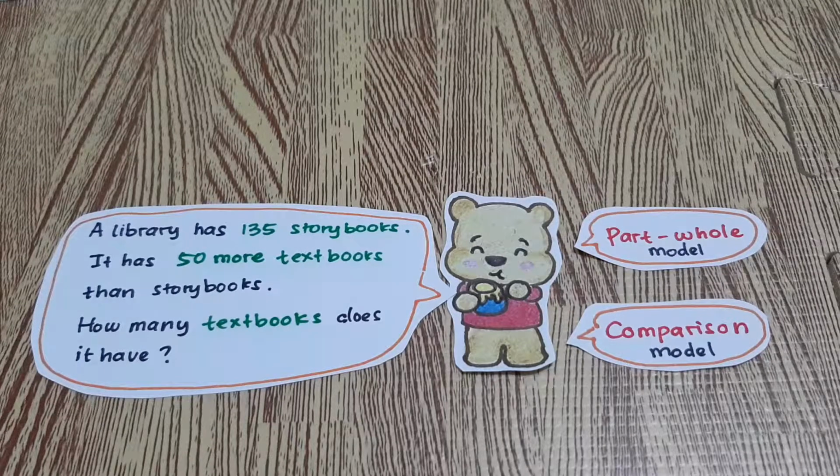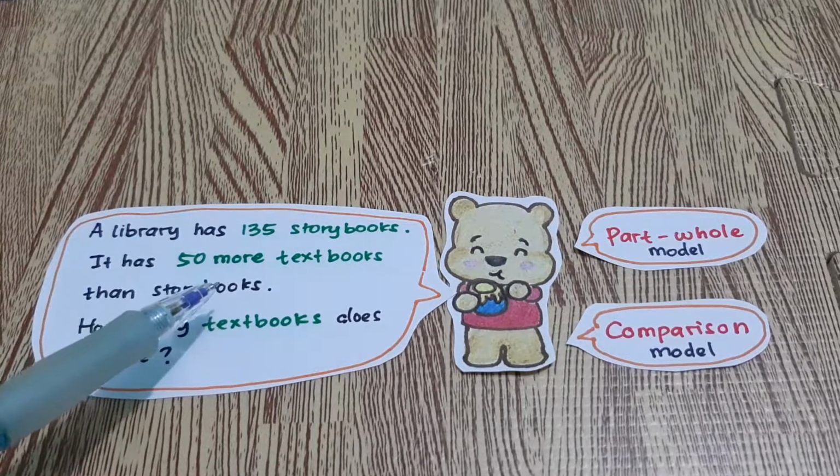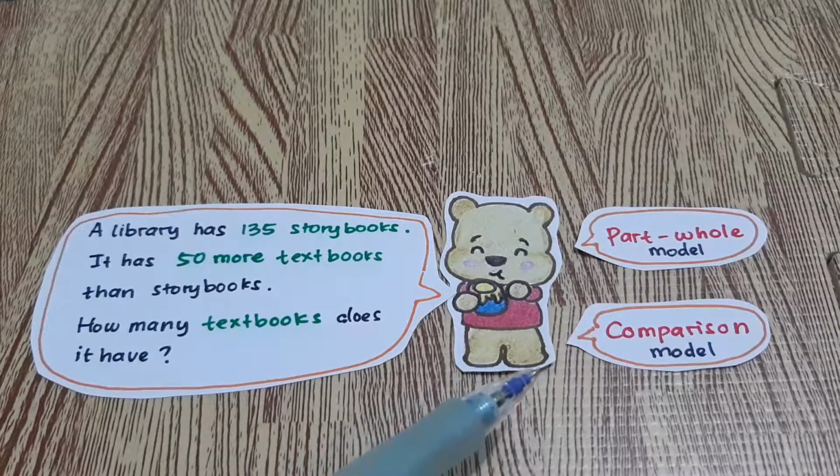The first sentence said a library has 135 storybooks. The second sentence said it has 50 more textbooks than storybooks. Do you see the comparison keyword? Yes. Which one is the comparison keyword? More. This one. So this one is using the comparison model.